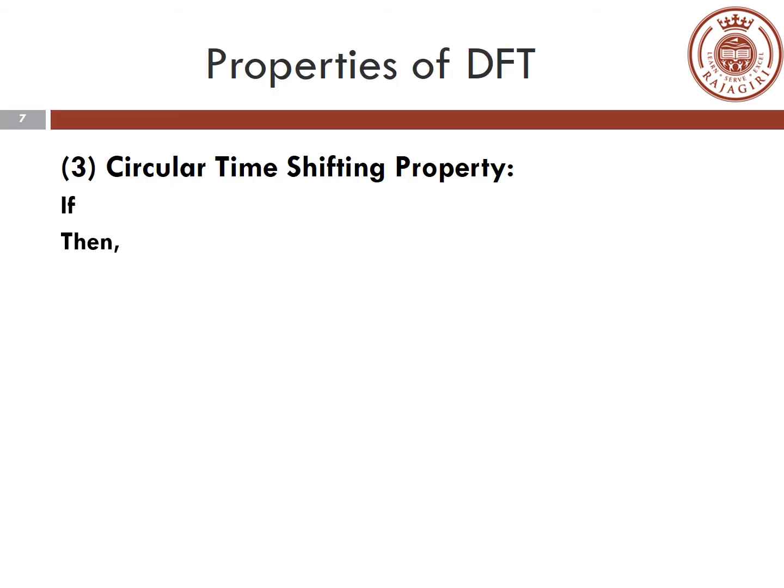Here, if you have a finite duration sequence x of n whose N-point DFT is x of k, and then you circularly time shift the sequence, this is how you denote it, x of n minus L. That means you are circularly time shifting it by L units.